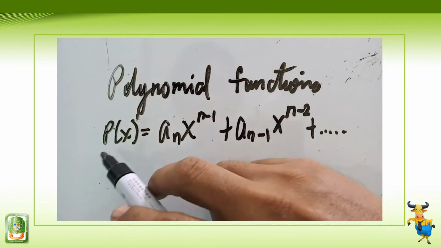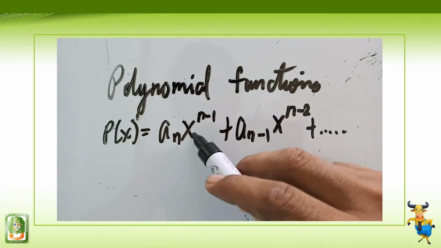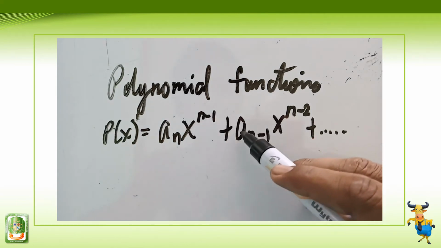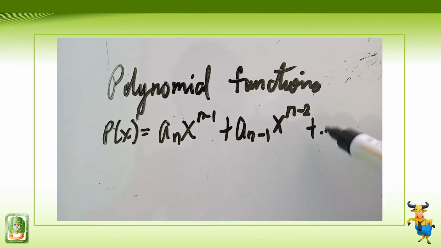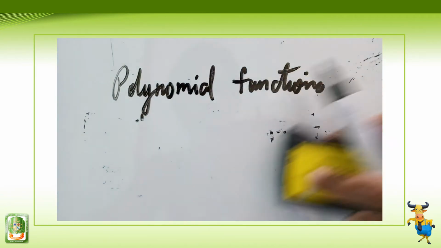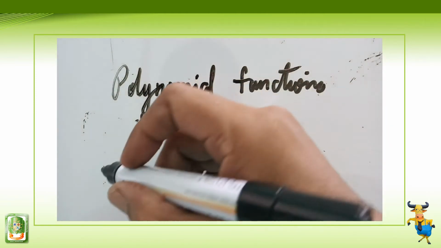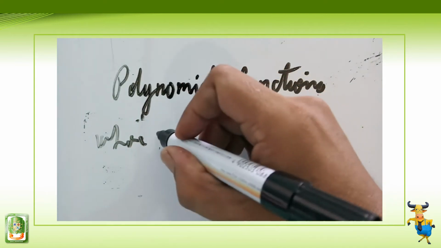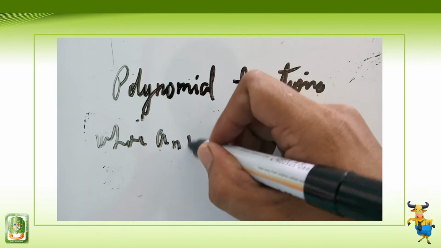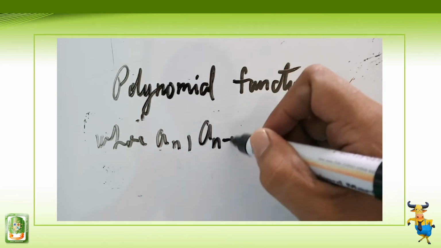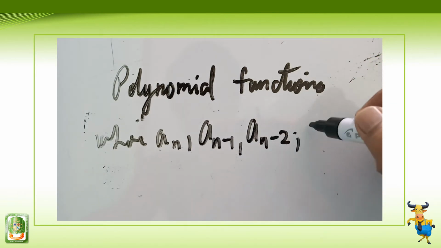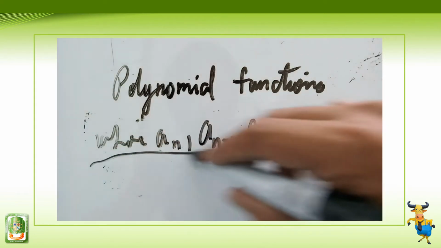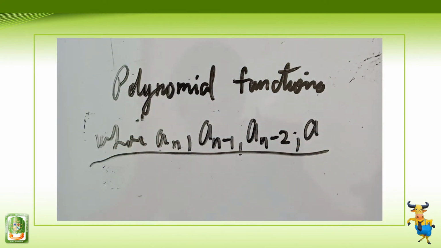A polynomial function can be written in the form p of x is equal to a sub n x raised to n plus a sub n minus 1 x raised to n minus 1 plus a sub n minus 2 x raised to n minus 2 and so on and so forth, where a sub n minus 1, a sub n minus 2, and so on are all real numbers.